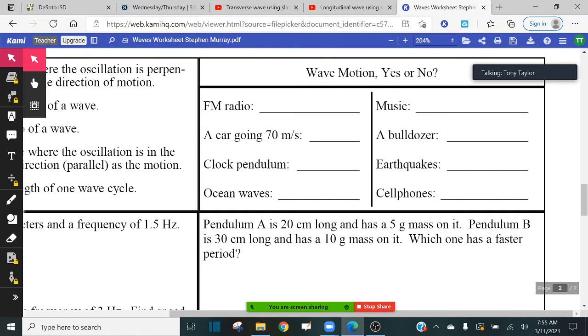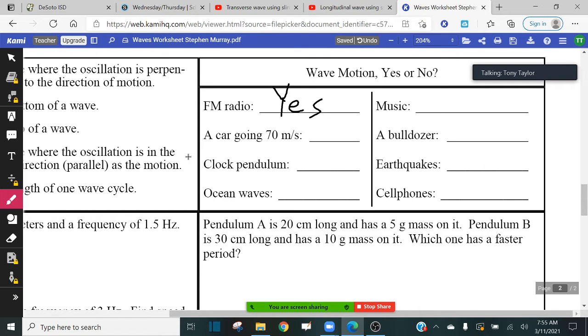You're listening to sound. Remember, sound is a wave. You guys have heard of sound waves before. So if you listen to the FM radio, then yes, the radio is clearly emitting waves. So yes, this will be an example of wave motion, because sound is a wave.